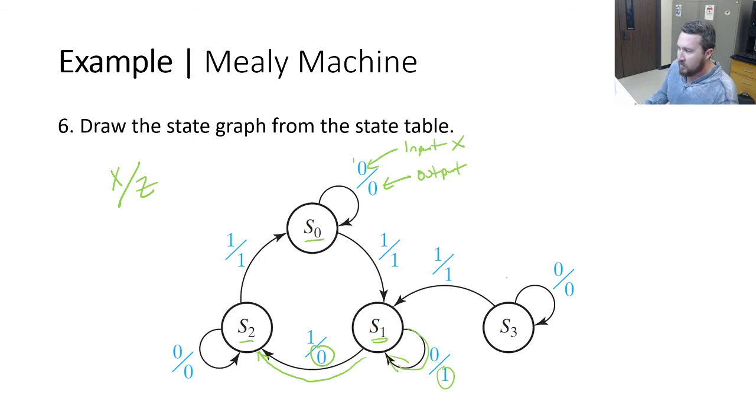If we were to map this onto some kind of pretend scenario, maybe state 3 is like the reset. You turn it on, it loads into state 3, and it will stay there as long as the input is equal to 0, forever, until you hit it with 1, and then it sort of clocks through this graph. So maybe something like that. But again, like I said, it's just an arbitrary example.